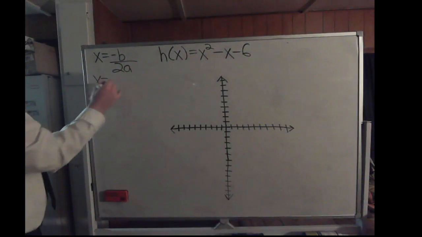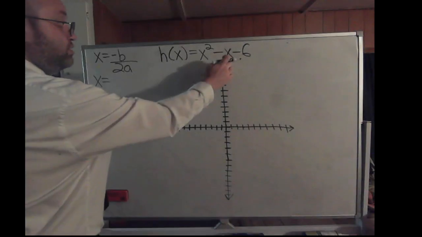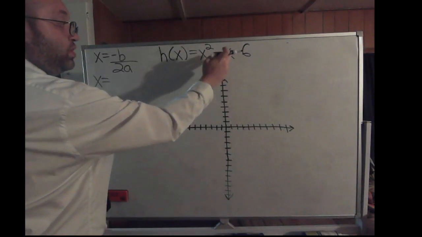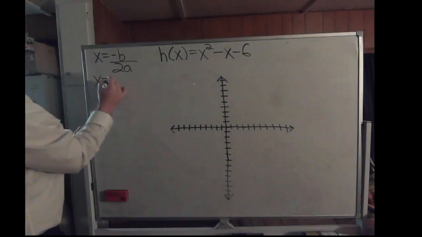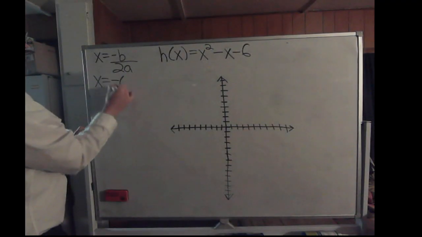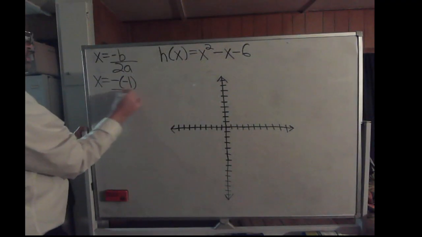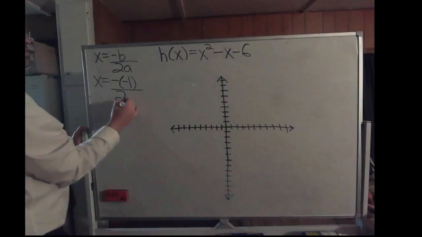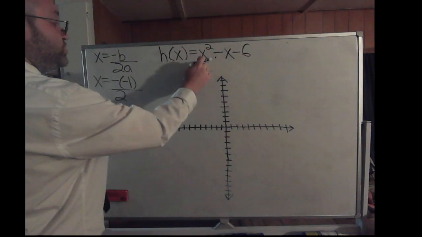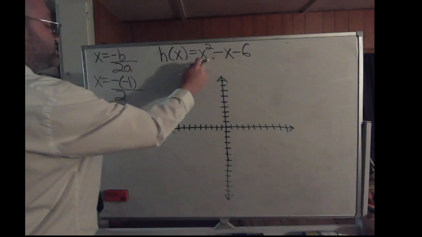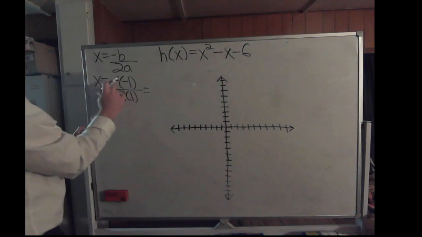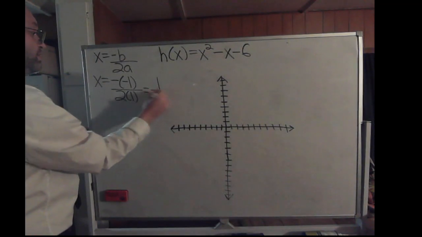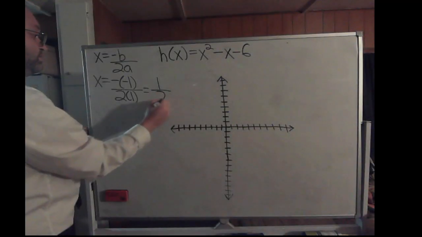Well, the b coefficient, which would be the coefficient on your x to the first term, is negative 1. So you'd have negative of negative 1 over 2 times the coefficient on your x squared term, which would be 1. Well, negative of negative 1 is positive 1 over 2 times 1, that's 2.